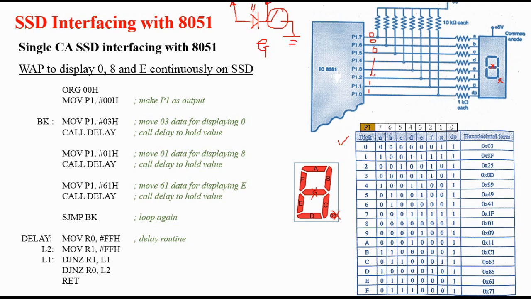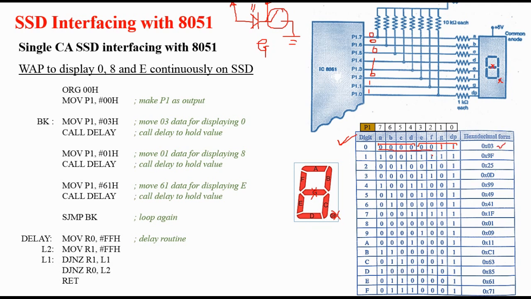The current from VCC will start flowing through those resistors and to ground. In this way we can draw the table shown at this place. Here we make G equal to 1 and decimal point equal to 1, and the rest of the bits will remain low. If we convert that binary number into hexadecimal, you will find it is 0xC0... 03.